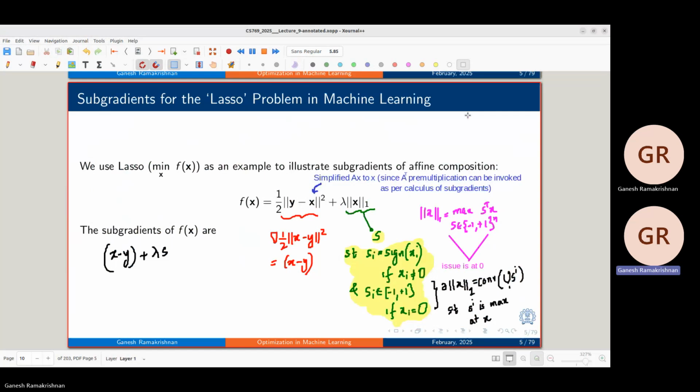This is x minus y. What is the second part? What's the second part? Minus one. Right.